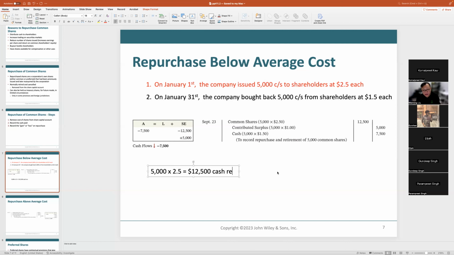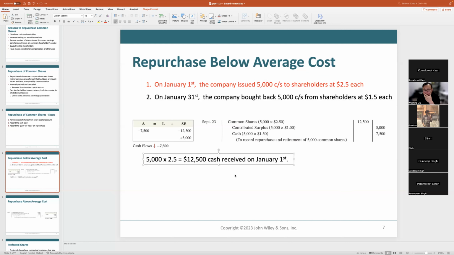Received on January 1st. What's my entry? What do I debit? What do I credit? Okay, very good. So I debit cash. Remember, the cash balance increased. If the cash is an asset and you want to increase the asset balance, you need a debit.